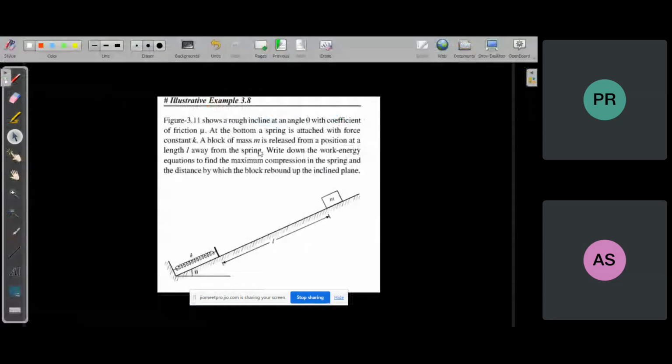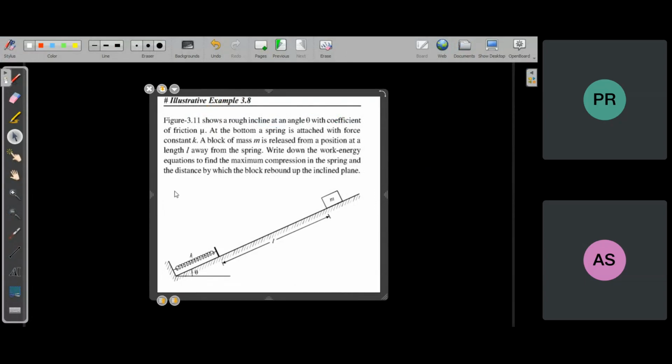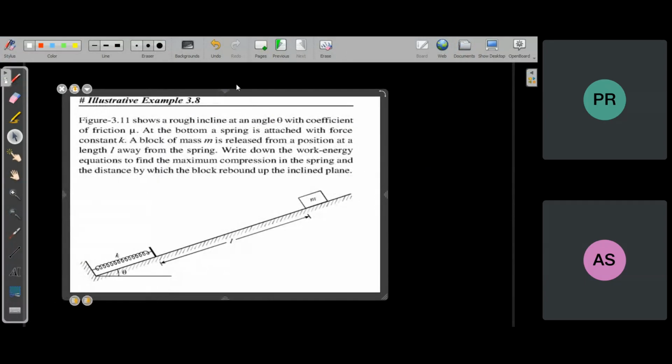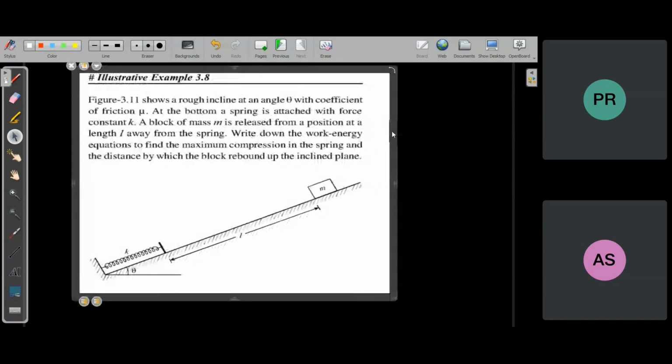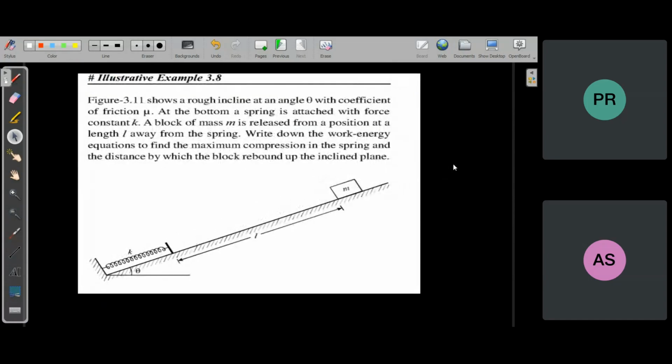You can try this. Can you see this question?